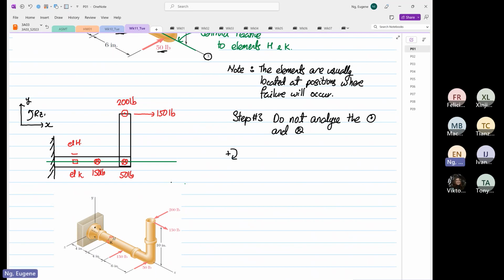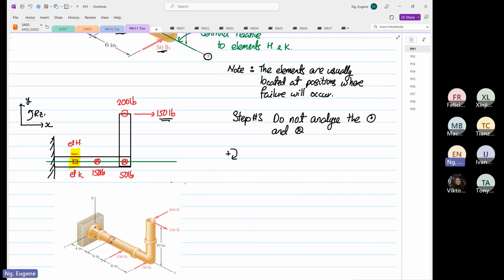Now, this is not static analysis, so we are going to analyze all the forces relative to element H and element K. Everything we are going to reference is element H and element K. Now we know that there's a moment. The only force we have to be concerned with now is the 150, because it's not a cross nor dot, it's a complete arrow.